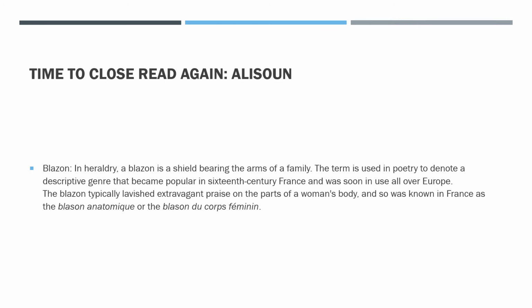These are the images that you will see on shields in any sort of medieval-themed show like Game of Thrones, right? The lion image on Jaime Lannister's shield. But in poetry, it's used to denote a descriptive genre that became popular in France. And basically, the blazon is a lavish, extravagant praise of the parts of a woman's body. And Chaucer gives us one of the most famous ones in his description of Alyson.